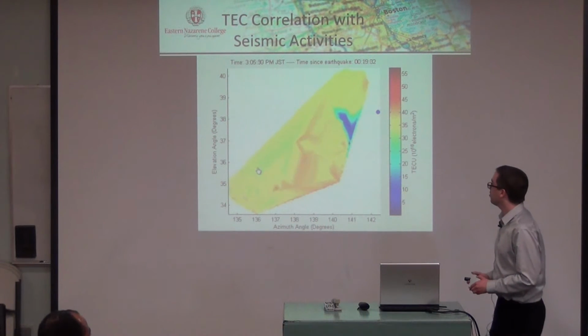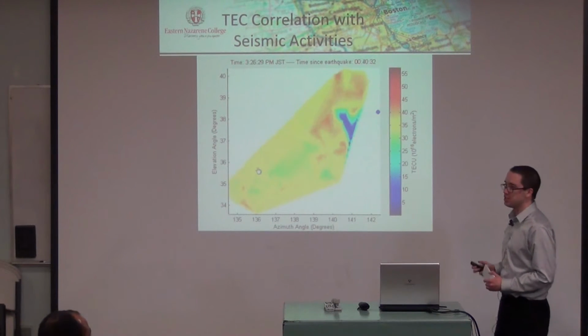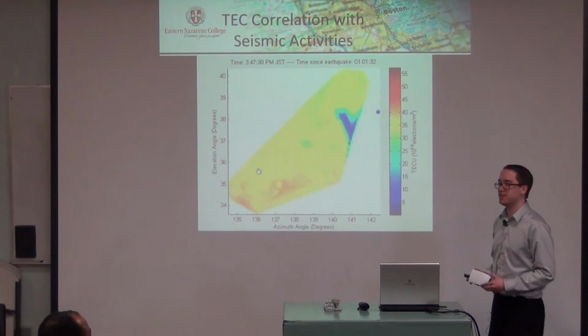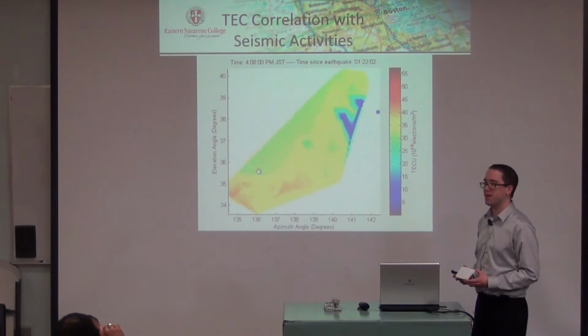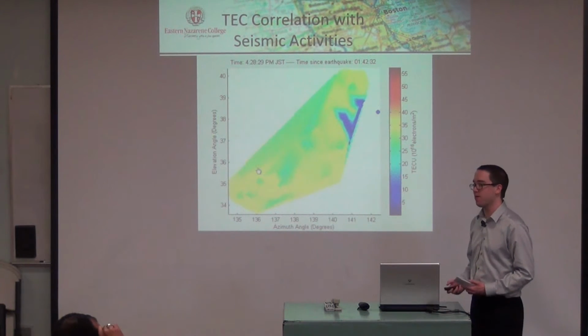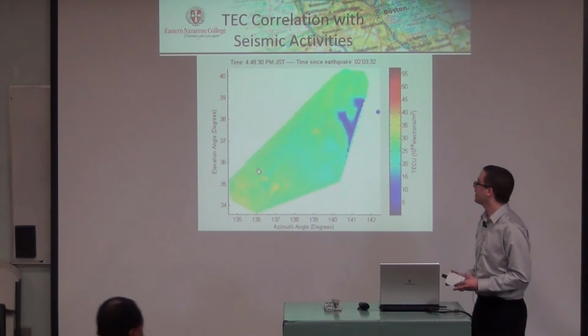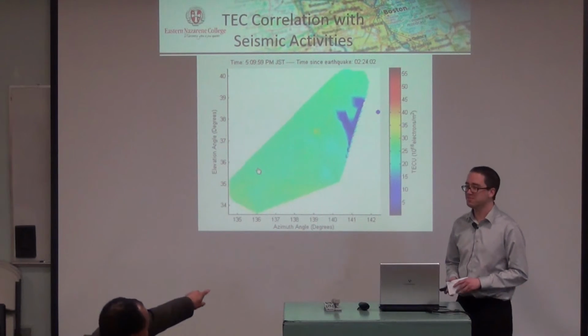But what I showed so far is that there are some fluctuations in the total electron content because of seismic activity, but I haven't got data in Japan without seismic activity. You forgot you looked at this data, John. What? But one thing, yeah, we looked at tons of that data.